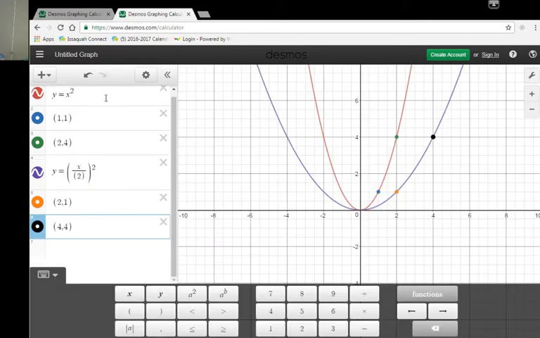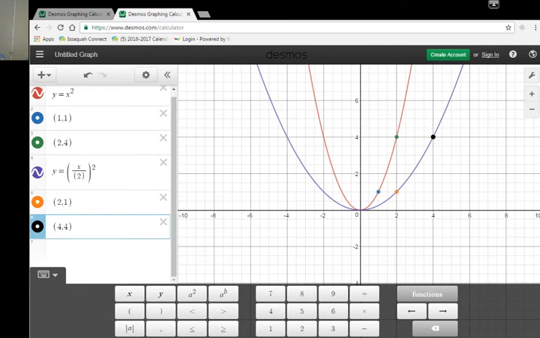Whereas with a horizontal dilation, x squared versus x over 2 squared, this key coordinate of 1, 1 became 2, 1. So the x coordinates got multiplied by 2. Or the point 2, 4, you multiply that x coordinate by 2, and you get the point 4, 4. All right, so that's a Desmos look at this.